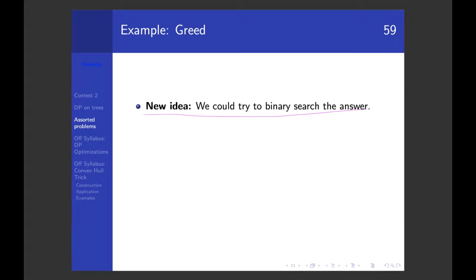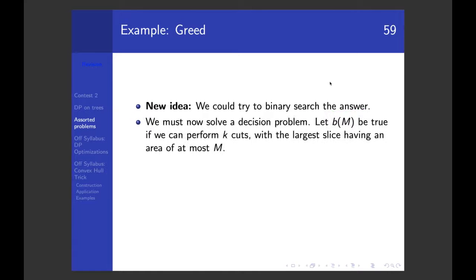It doesn't always mean binary search, but it often does. And maybe this problem, along with problem A of contest 2, is kind of proof that maximize the minimum and minimize the maximum often do mean binary search the answer. Not always, but in this case it does. So let's solve a decision problem.